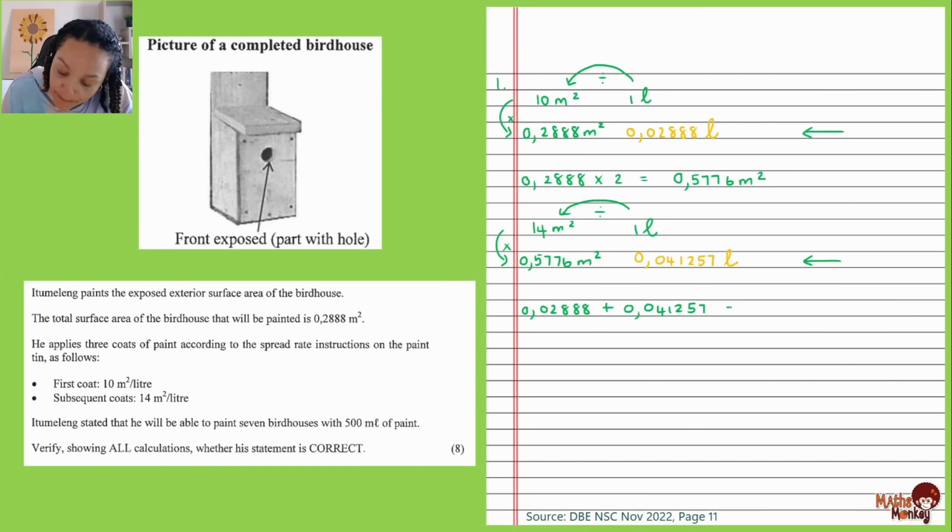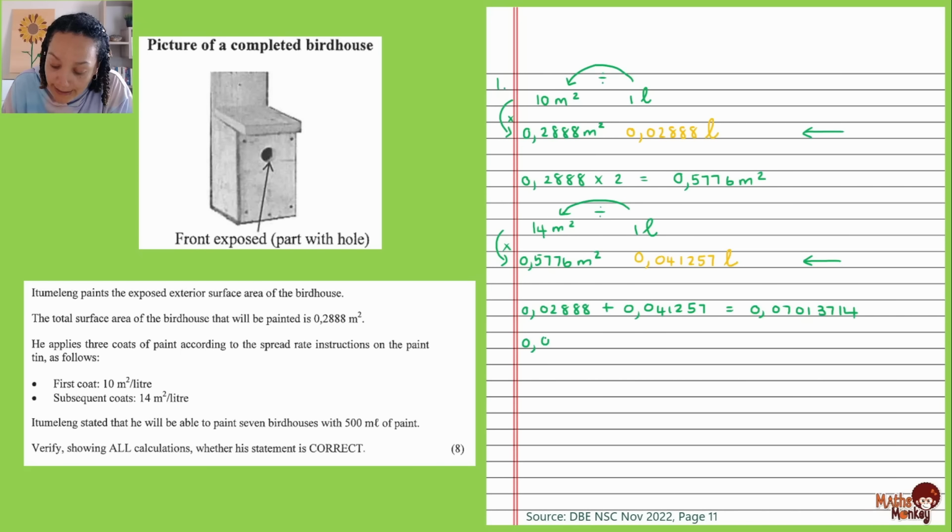This will give me the total for 1 birdhouse, which is 0.07013714. You'll see I use the majority of the decimals because I only want to round off my final answer. But that is now for 1.